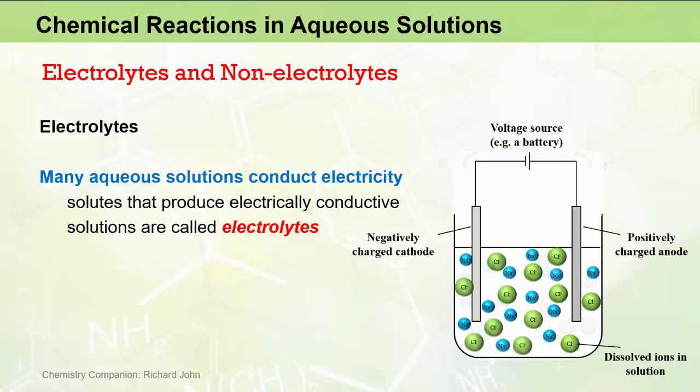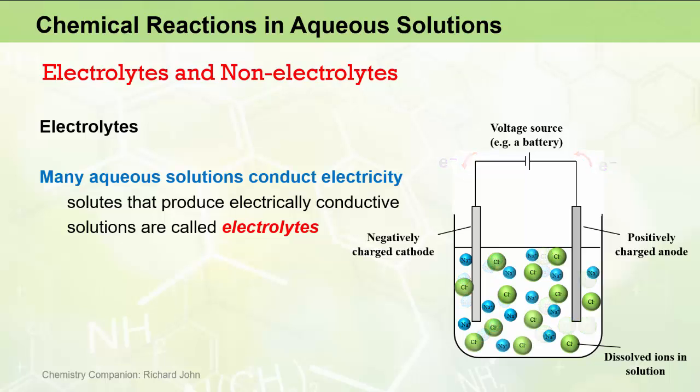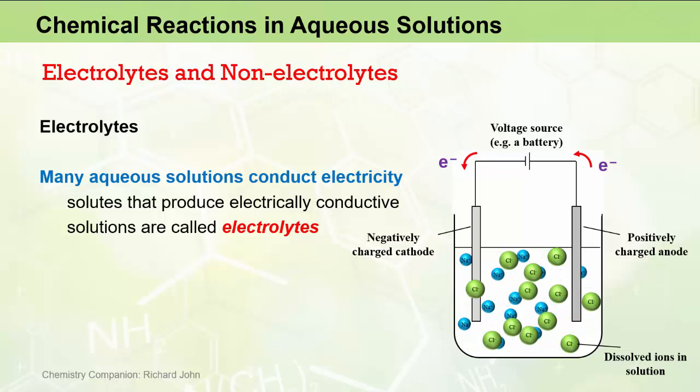And what we see is that the positively charged cations, the sodium ions, migrate towards the negatively charged cathode in the presence of an electric field. And the negatively charged anions, the chloride ions, migrate towards the positively charged anode. This phenomenon, as we know, occurs due to the attraction of opposite charges.